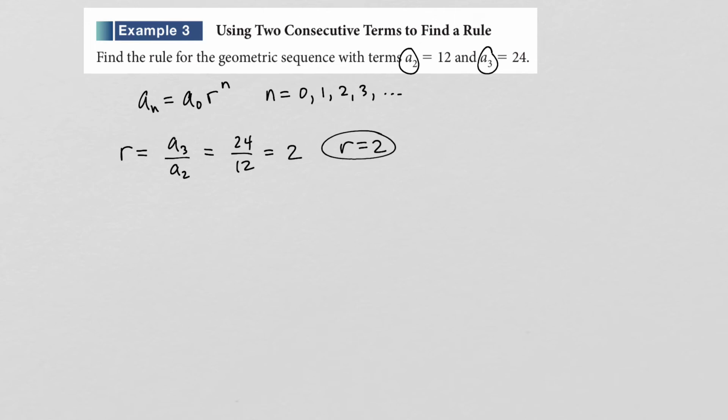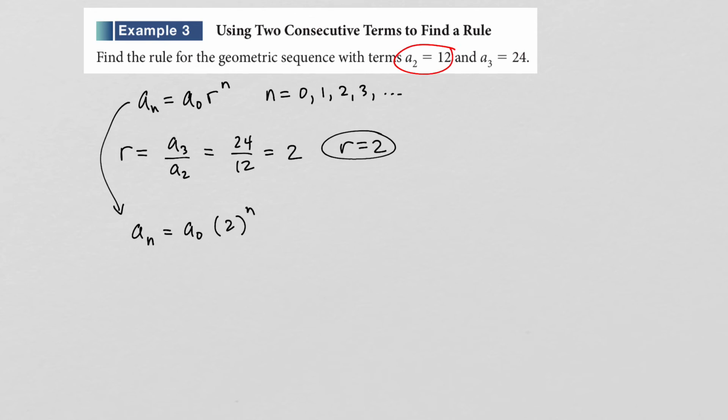Now once we have r equals 2, our formula can be rewritten as A_n is equal to A naught times 2 to the n. So the only other thing we need to know the formula for the nth term is we need to know what is the first term. So I can use either one of these to figure out the first term. So I'll just use the fact that A2 is 12.